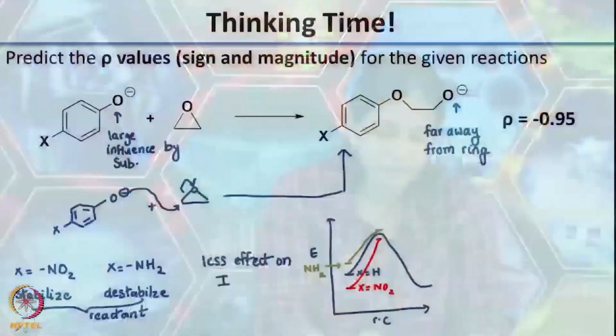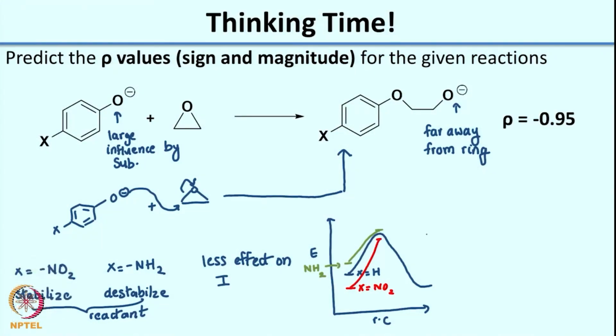If you were to climb from a higher point versus a lower point, where do you need to climb more? Obviously where you have the lower point. So Kx would be less than Kh, where X is equal to NO2.